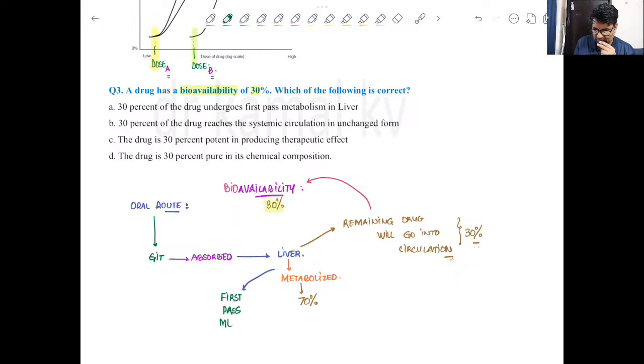Clear? So this is known as first pass metabolism. Fine. So this is how you need to remember a few terms: bioavailability and first pass metabolism, and this is especially with respect to the oral route, right?